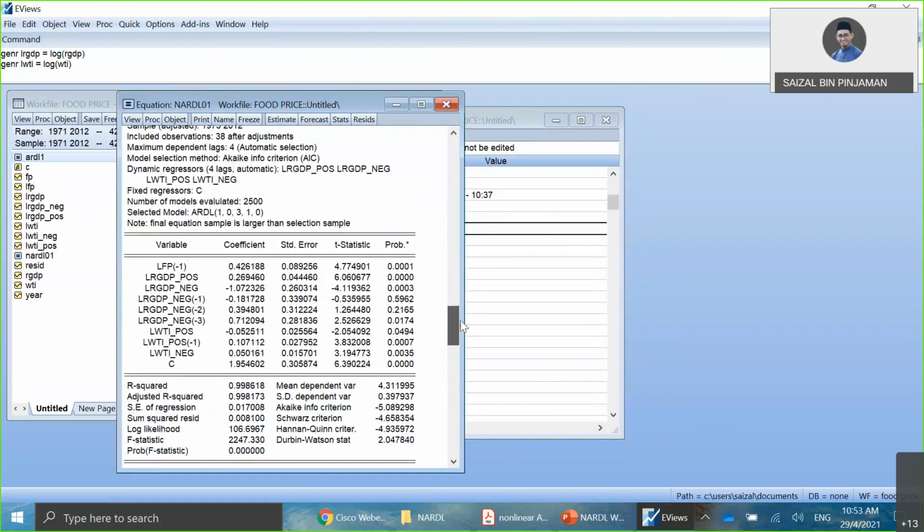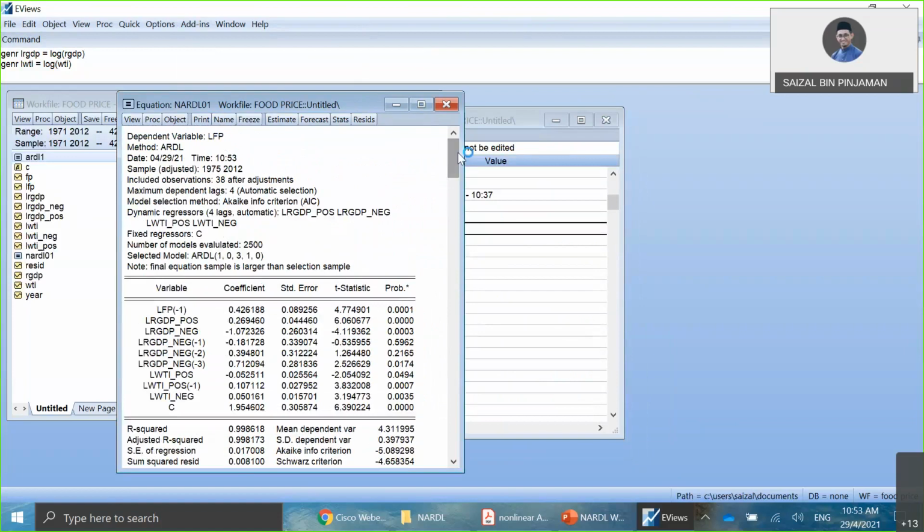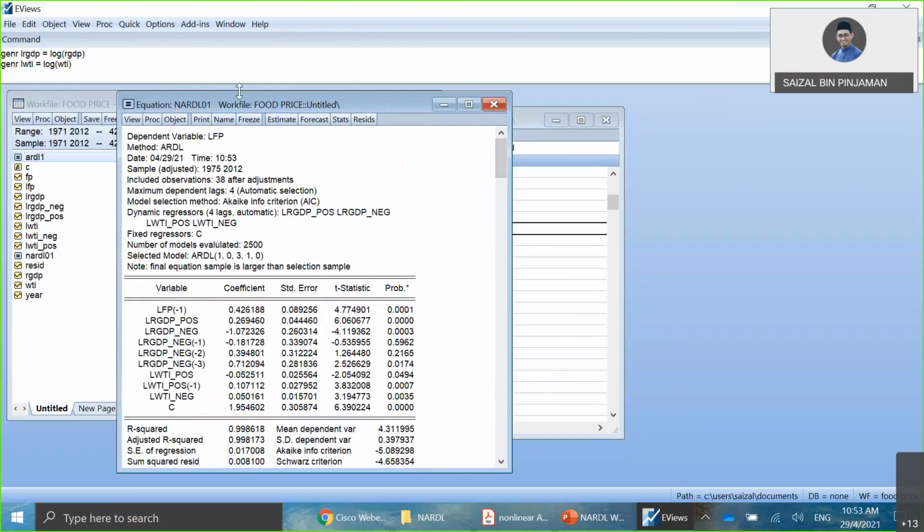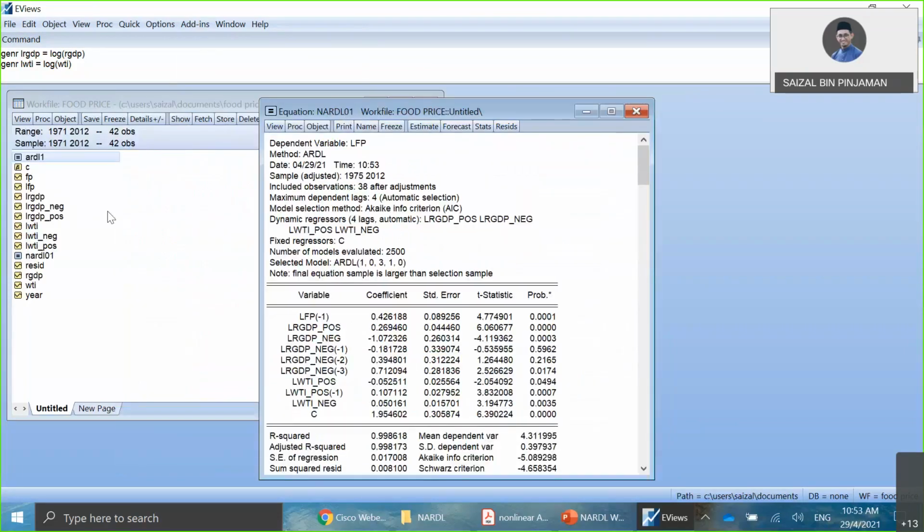This is the ARDL model itself, and we frame the asymmetry of the variables to form this NARDL model. You can also see that the NARDL equation is automatically inserted in the work file.